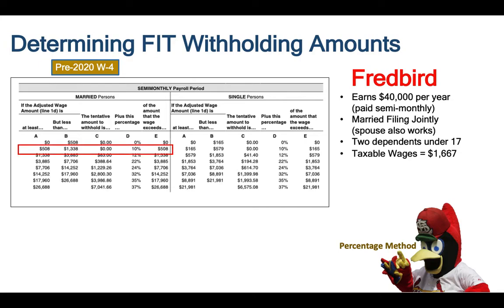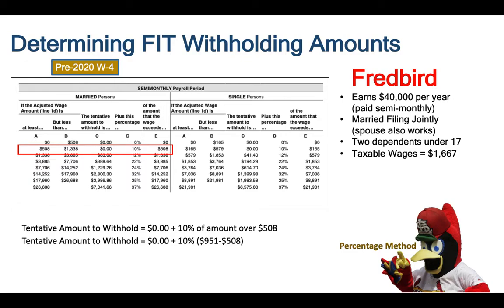And so we can calculate, based on this row, how much the tentative withholding amount is supposed to be. The tentative withholding amount should be 0, which is column C, plus 10% of the amount over 508.